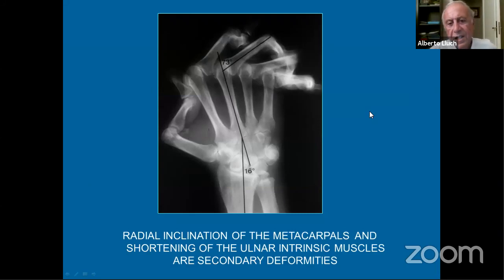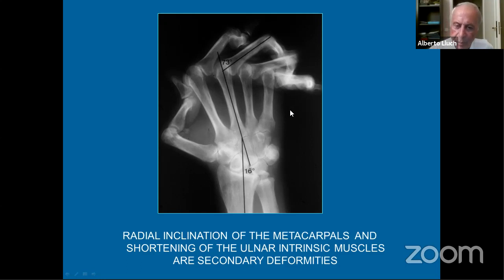Much has been said about the cause of the ulnar drift of the fingers. From my experience, in what I understand, it's only due to dislocation of the extensor tendon. You'll never see an ulnar drift of the fingers with the extensor tendon placed on top of the metacarpal head.